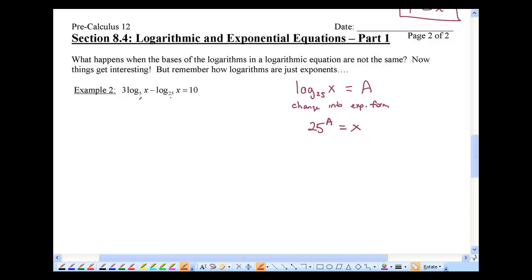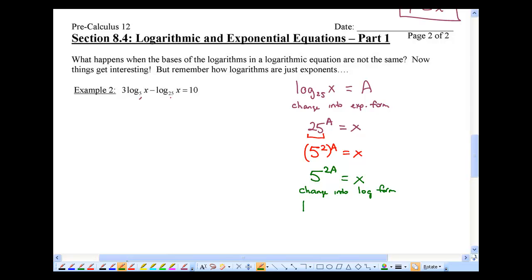Now, this is where I can now rewrite the 25 as 5 squared. So it becomes 5 squared to the a equals x. And that just simplifies to 5 to the power of 2a equals x. Okay, now I want to rewrite this back as a, so I'm going to go back and change into log form. And when I do that, watch what happens.